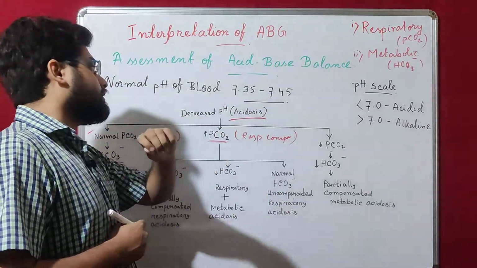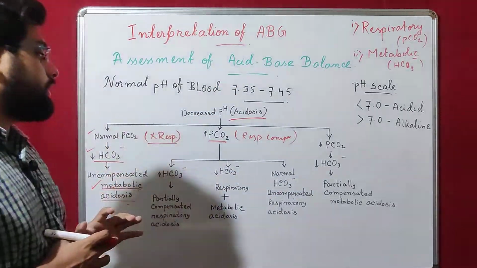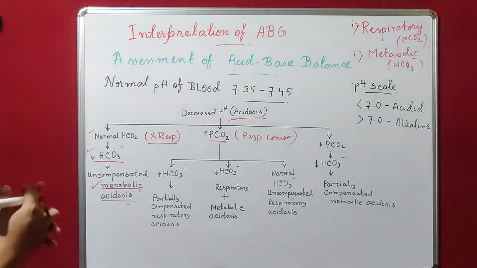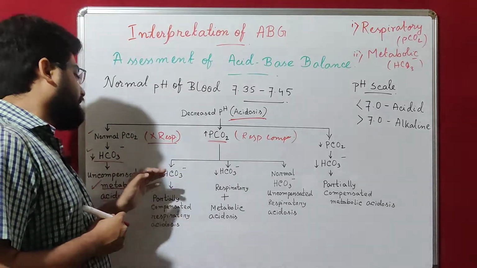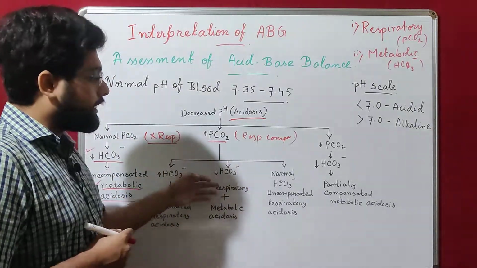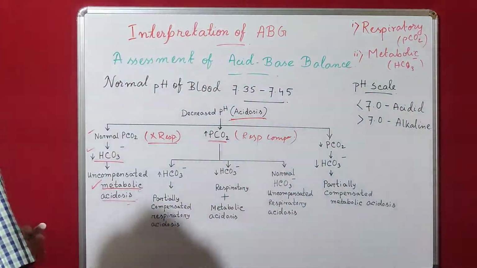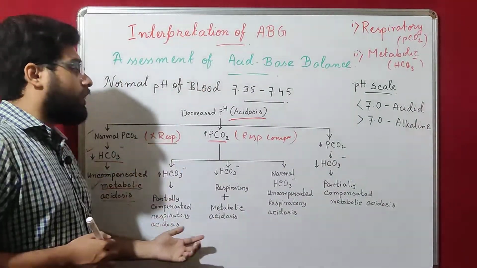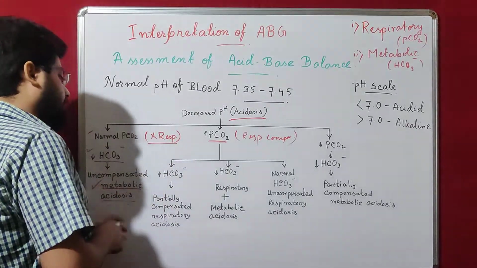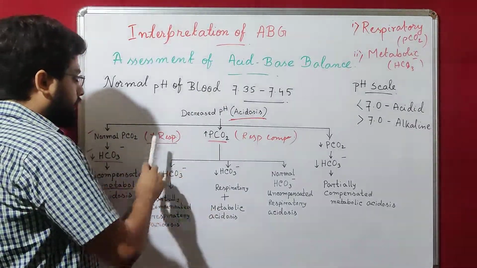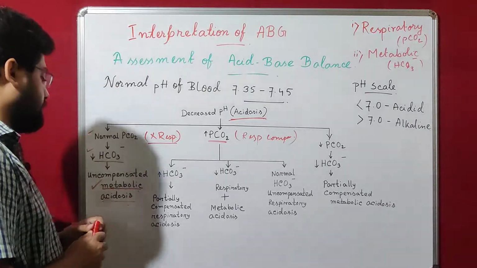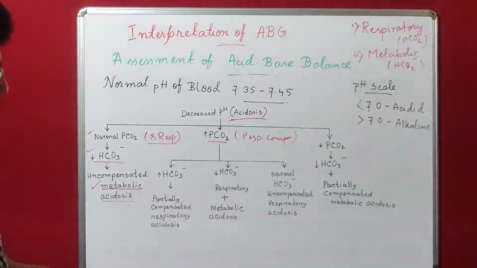So with acidosis, the concentration of bicarbonate ion can be anything: increased, decreased, or normal in the blood. So there can be all three scenarios. In the first scenario, we take that the concentration of bicarbonate ion is increased.